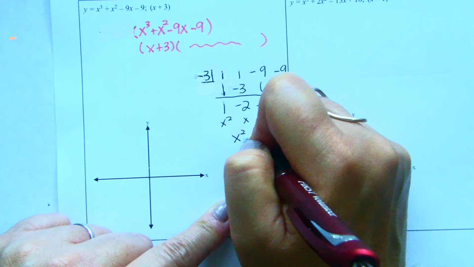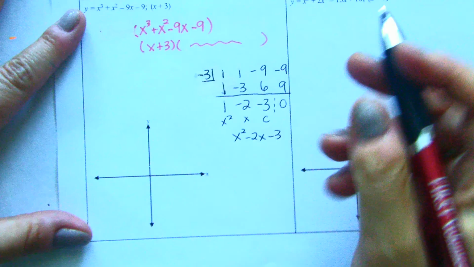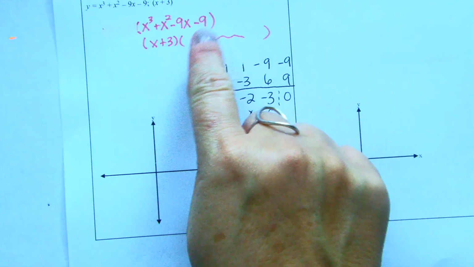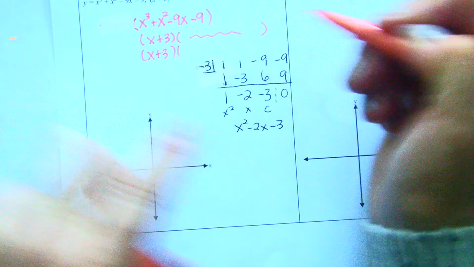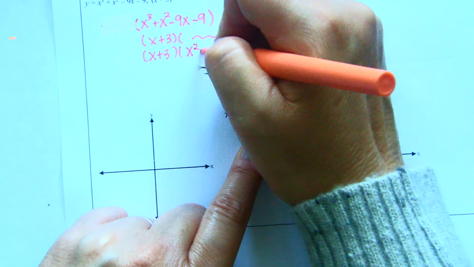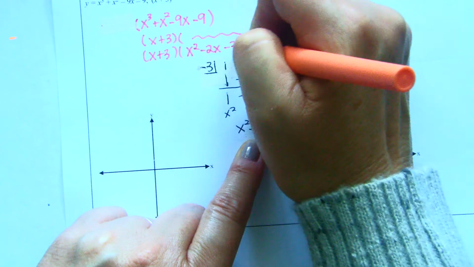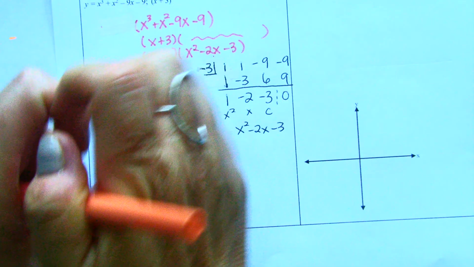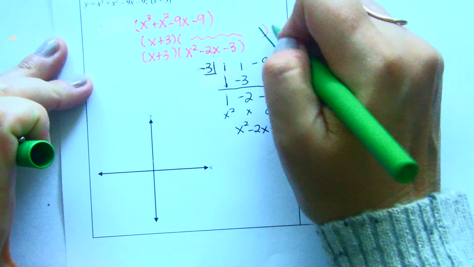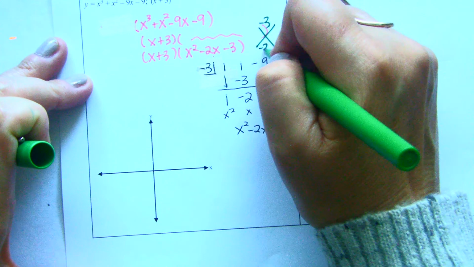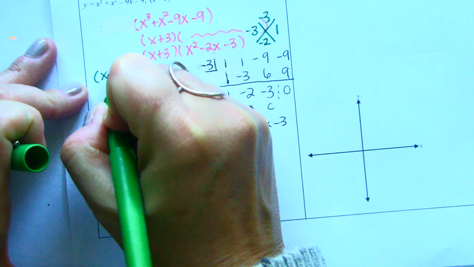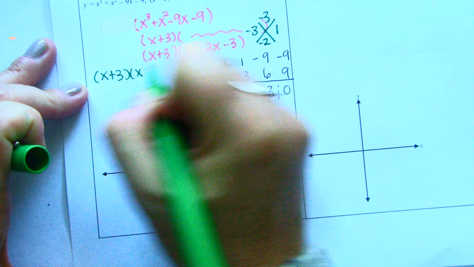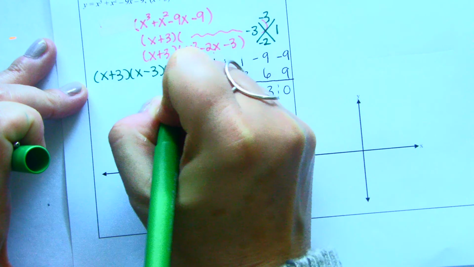It's got x squared minus 2x minus 3. So that means that this part here now is going to be x plus 3. And then this is how many times it goes into it. And then I can take that. I can do a little diamond method so that my final factored form is this.